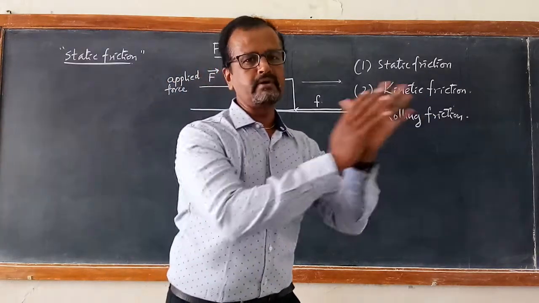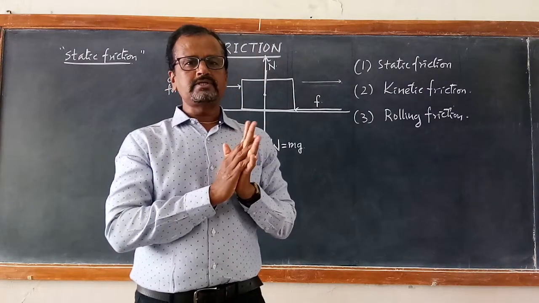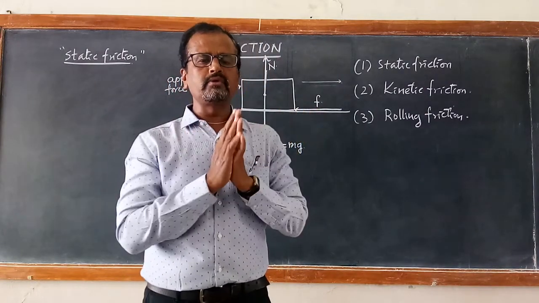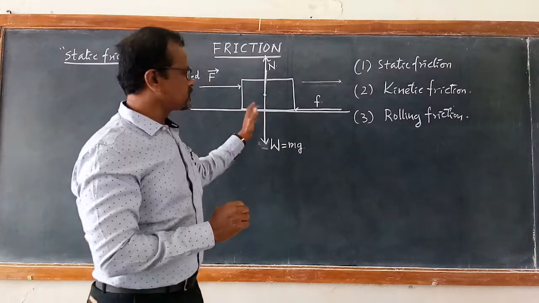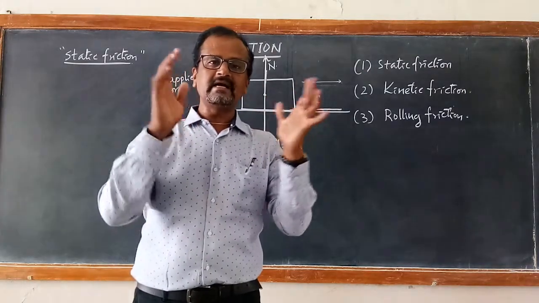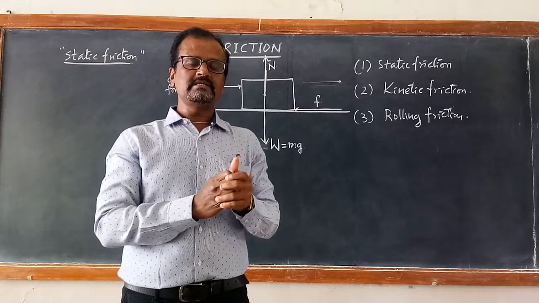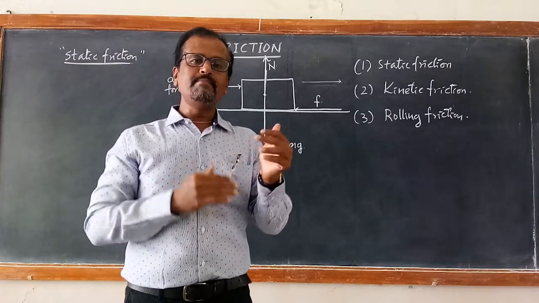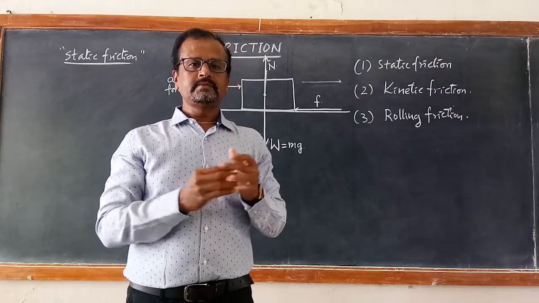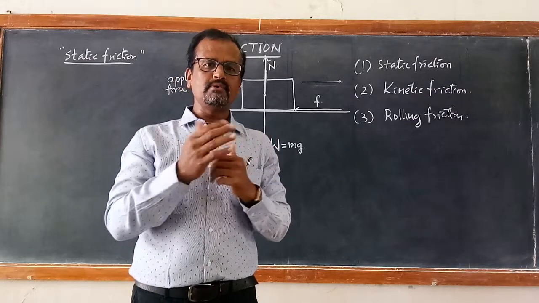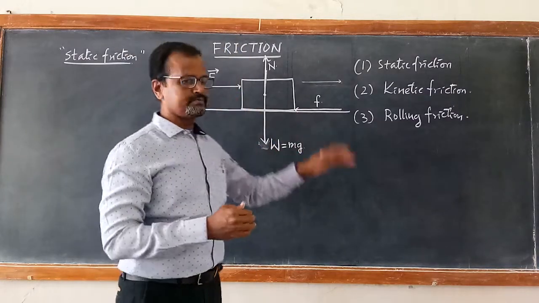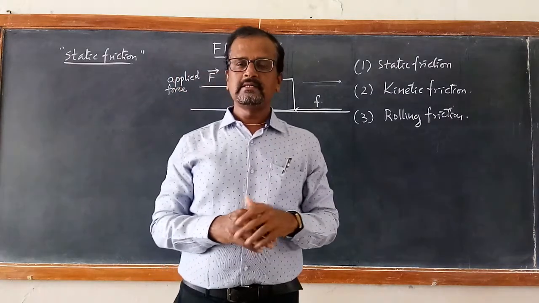Then slowly the cupboard moves. This means when you apply a small amount of force, the object doesn't move. The object still is at rest. So the force which opposes the impending motion of the object is called static friction.